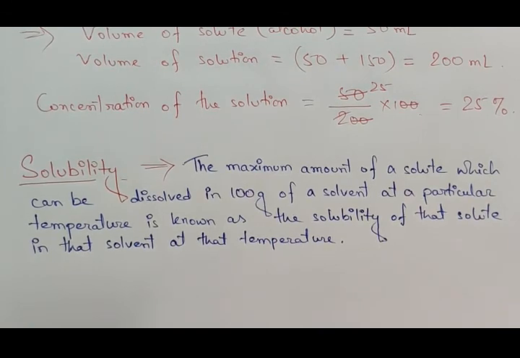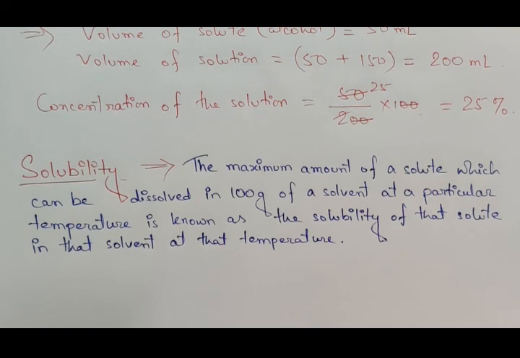For example, silver chloride, it has near about 0.0015 gram as its solubility. So we can say that silver chloride is almost insoluble in water. Generally in aqueous solution, silver chloride is formed as the precipitate, that means it is an insoluble solid.